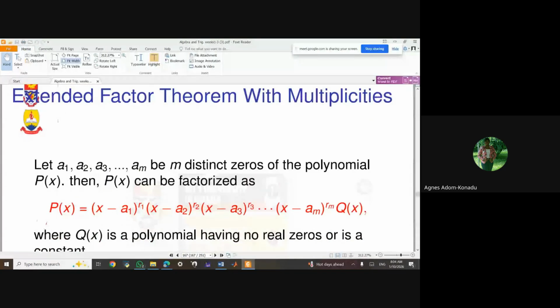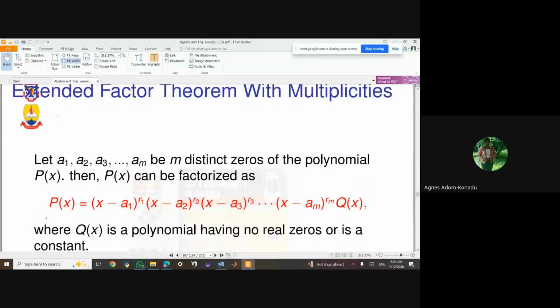So that's why we are saying that if I have a1, a2, a3 up to am to be distinct zeros of the polynomial P of x, then my polynomial function can be written as x minus a1 to the power r1, x minus a2 to the power r2, up to x minus am to the power rm, times q of x.